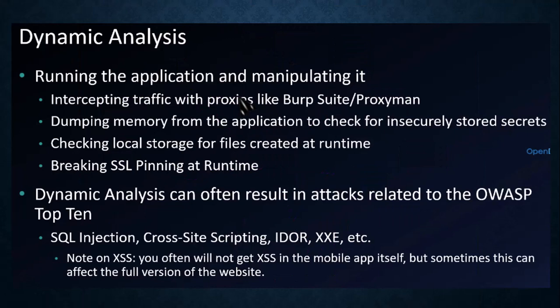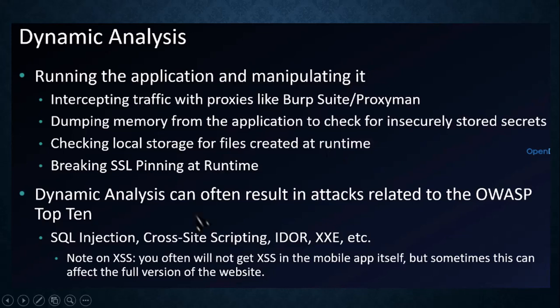Now, dynamic analysis is running the application and manipulating it. You run it and manipulate it to see whether you can see any information, like intercepting the traffic using Burp Suite. Dumping memory from the application to check for insecurely stored secrets. Checking local storage for files created at runtime. Checking your memory and internal storage to know whether any files have been dumped.